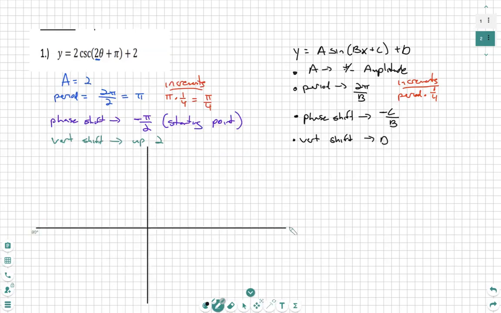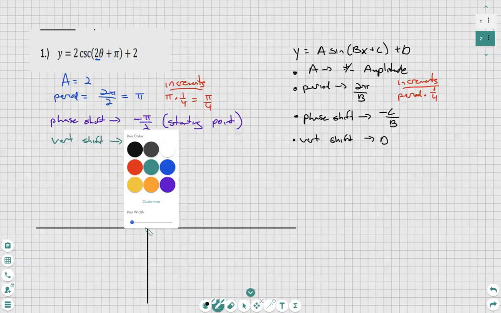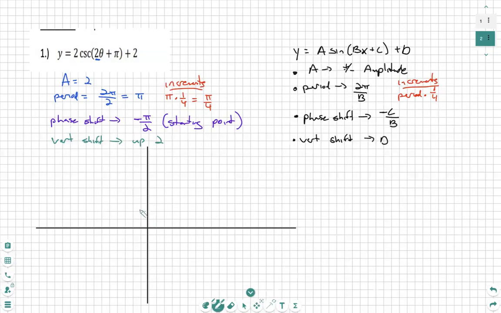All right. The first thing we can write down is our vertical shift. So our midline moved from 0 to 2. Here's our 2, and we're going to draw our midline there. I draw a dotted line just so I can show myself that is our midline.